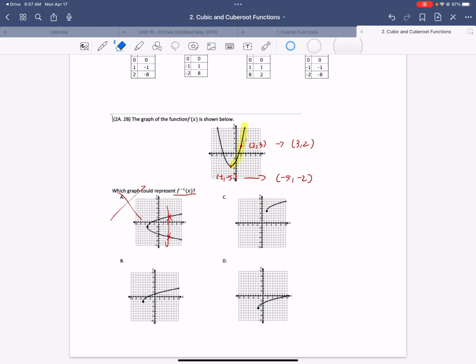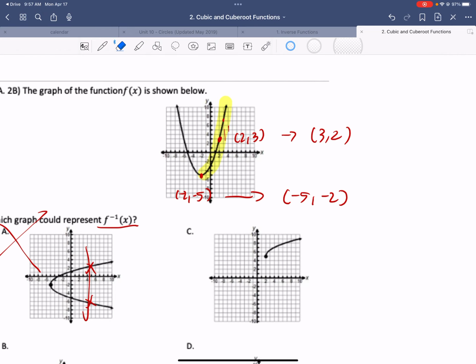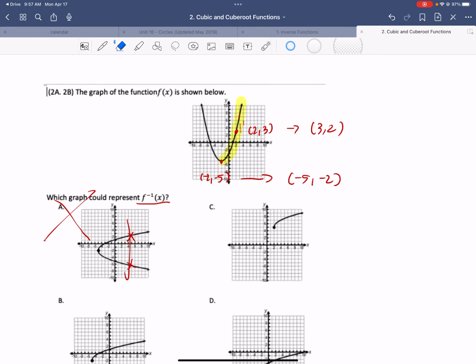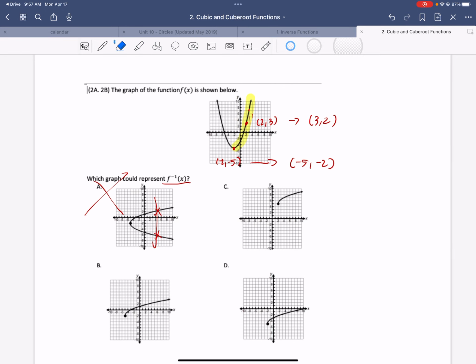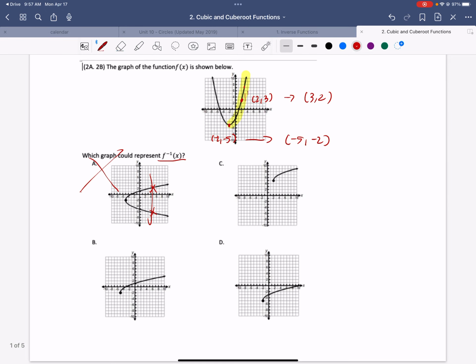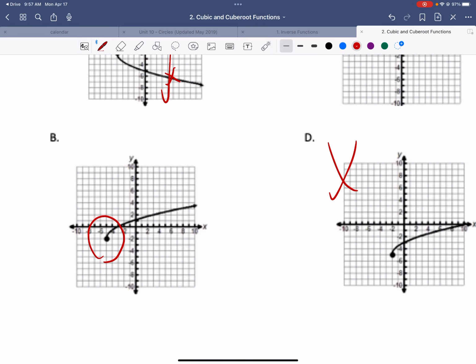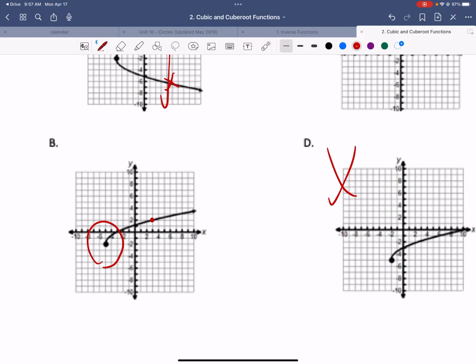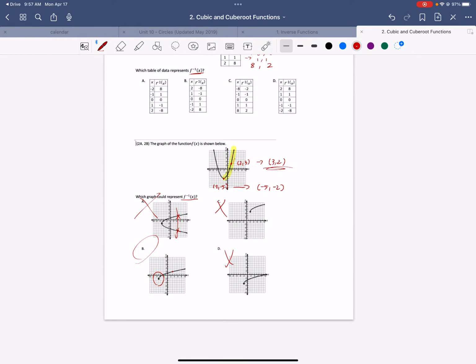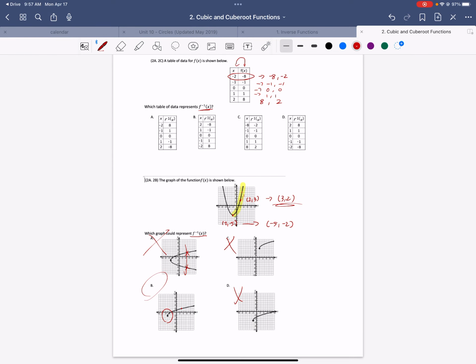Is it -5, yeah, which one is a -5, -2? So, yep, this one is a -5, -2. This one doesn't. This one doesn't. And double check. Does it have a 3, 2? Yep. So it's gonna be B. Okay, that's how you find it.